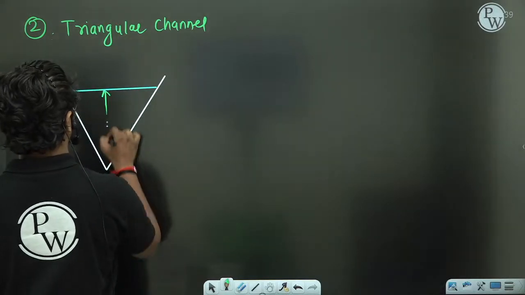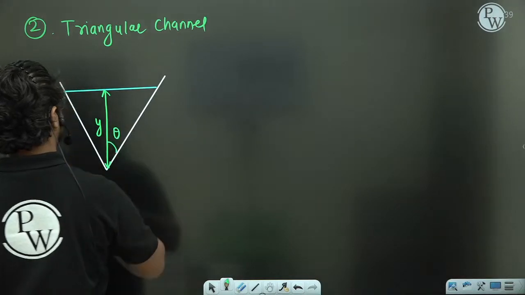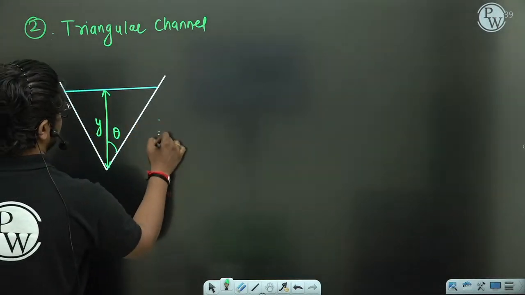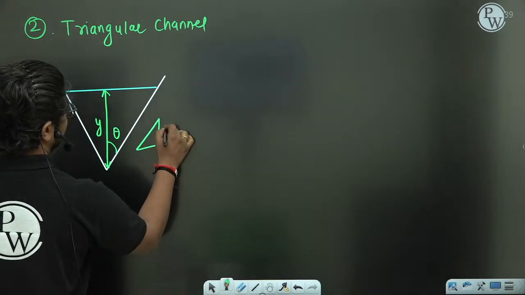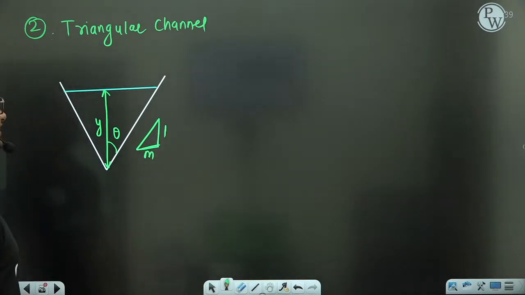This is the depth. This angle we take as theta. The slope we are having is 1:m.